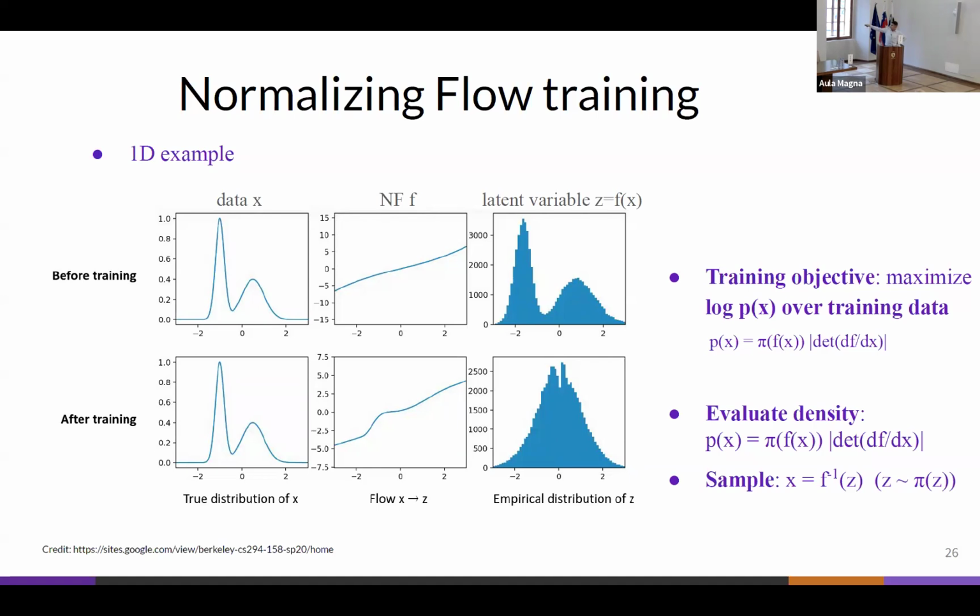Initially, you'll get this. This is not the result of the optimization, but after you have optimized, you obtain this map F, which now maps this distribution to a Gaussian. This is the result of maximizing the likelihood of the data. So now you have achieved a map from a complicated distribution to a Gaussian, and then you can also go the other way around.